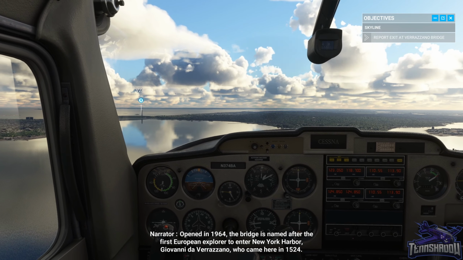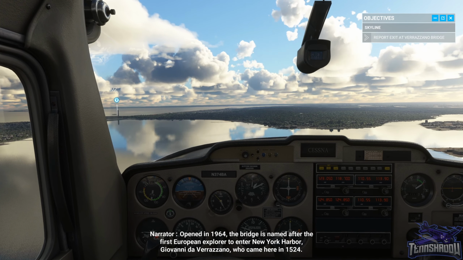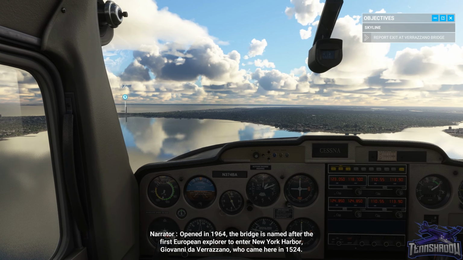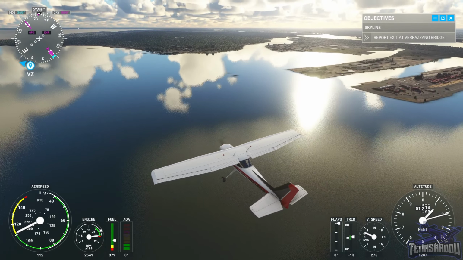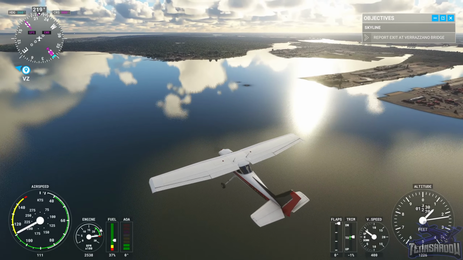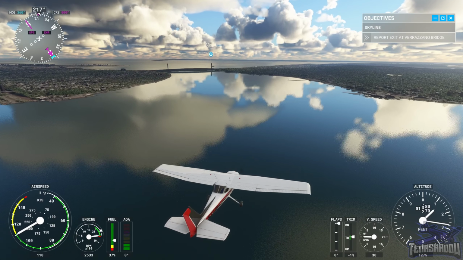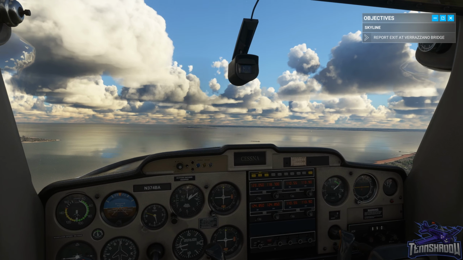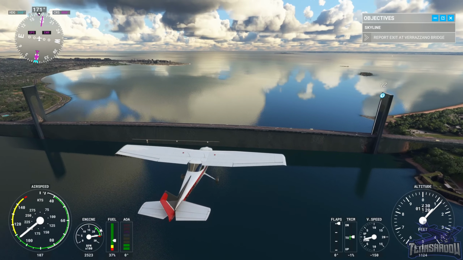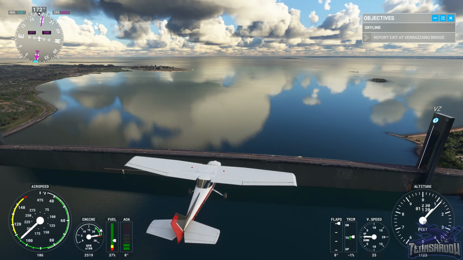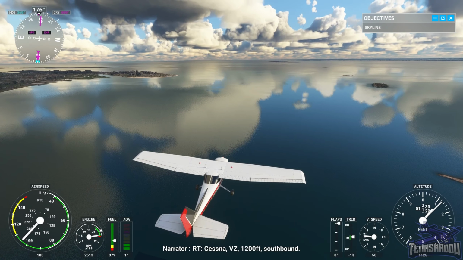Opened in 1964, the bridge is named after the first European explorer to enter New York Harbor, Giovanni da Verrazano, who came here in 1524. Cessna VZ, 1200 feet, southbound.